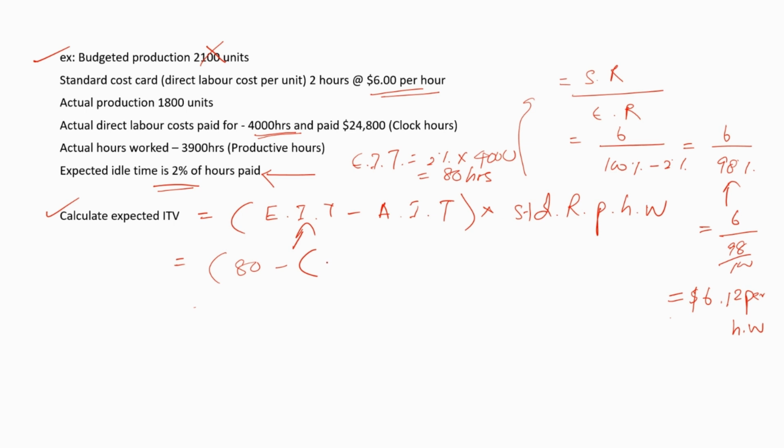Actual idle time is equal to actual productive hours minus the actual clock hours. Actual productive hours are 3,900 and actual clock hours are 4,000, multiplied by the standard rate per hour worked, which is 6.12. This is equal to negative $122.4, which means $122.4 adverse.